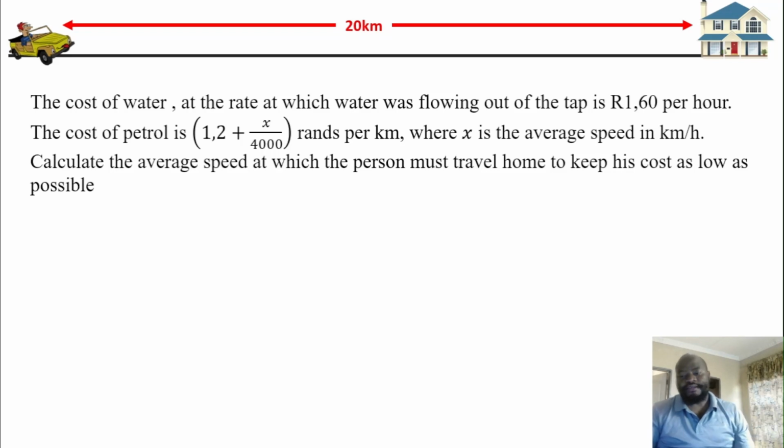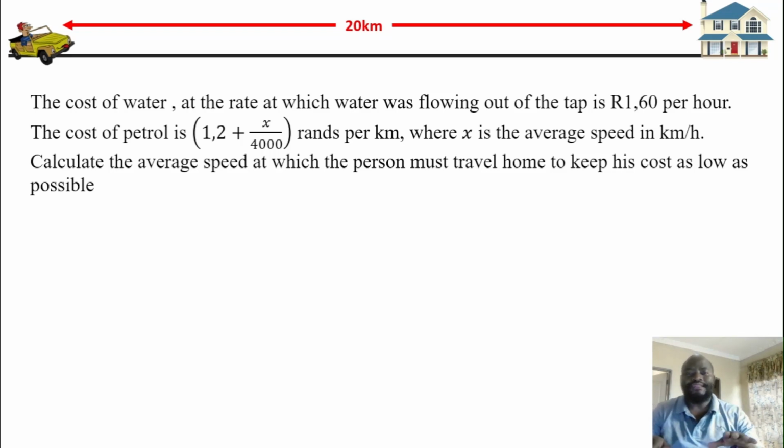So this means that if he drives too fast, he'll consume too much petrol and hopefully save a lot of water. But if he drives too slow, he won't consume as much petrol because his consumption depends on the speed. If the speed is higher, the consumption is higher. But if he drives too slow, he will lose a lot of water and it will cost more.